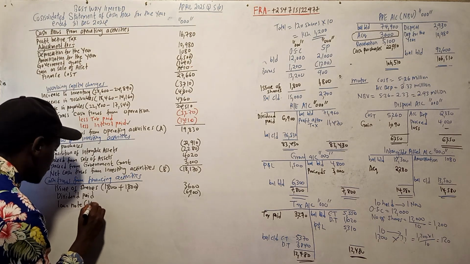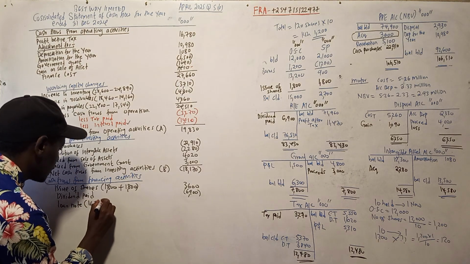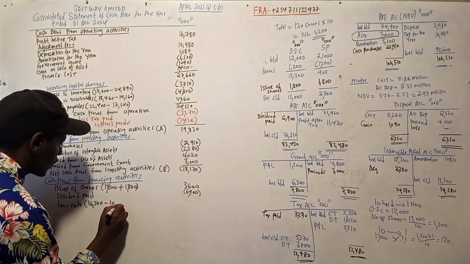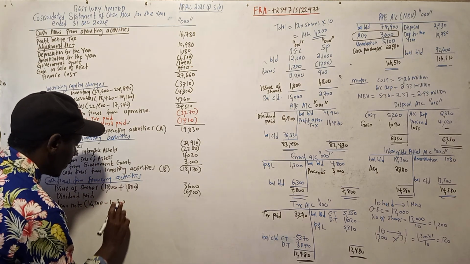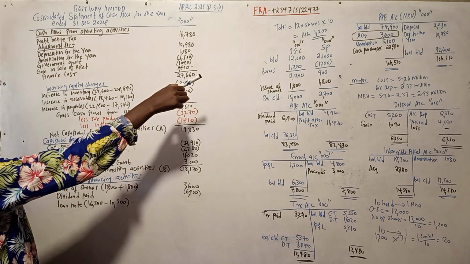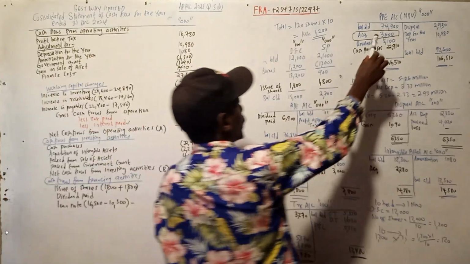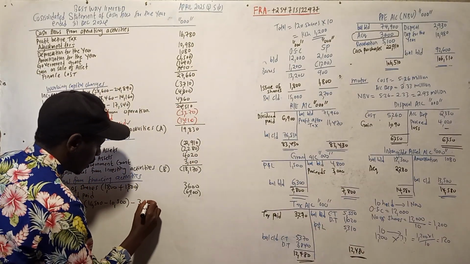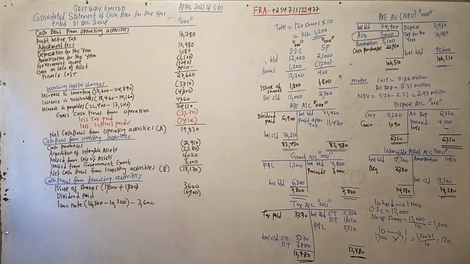So 16,500 minus 10,500 at the end. But don't forget to deduct that amount for acquisition. This one also involves the loan amount minus 3,000, that's 600. So how much is that?